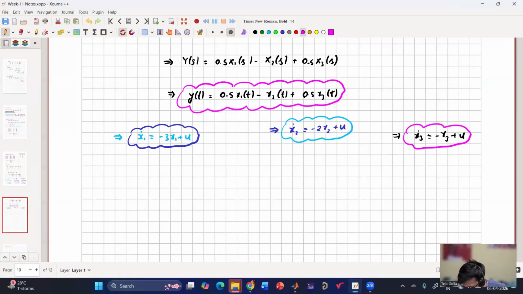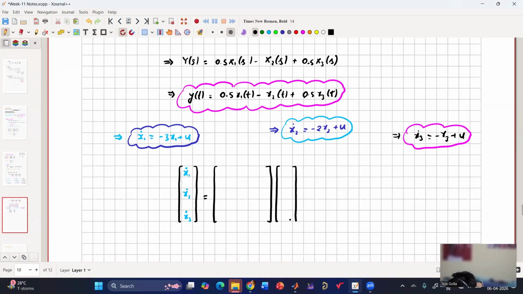Now I'll write x1 dot, x2 dot, x3 dot is equal to A into x1, x2, x3 plus we have B into u.